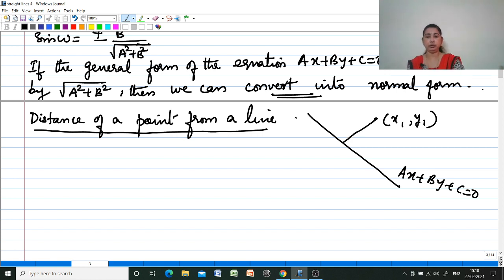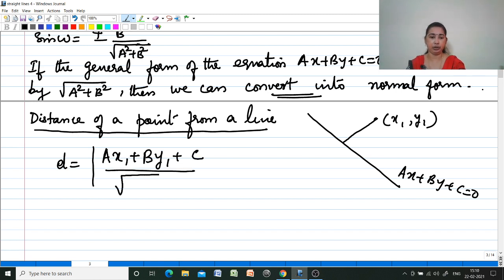In order to find the distance from a point to the line ax plus by plus c equal to 0, we can use the formula d is equal to modulus of ax1 plus by1 plus c by root of a square plus b square.